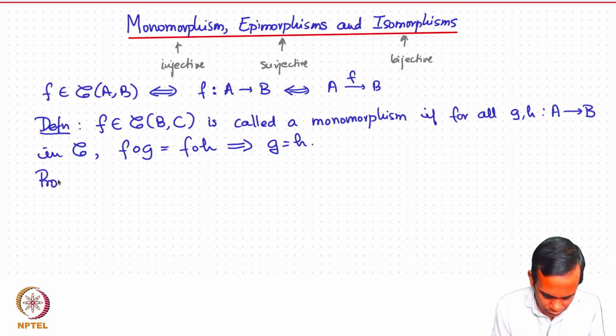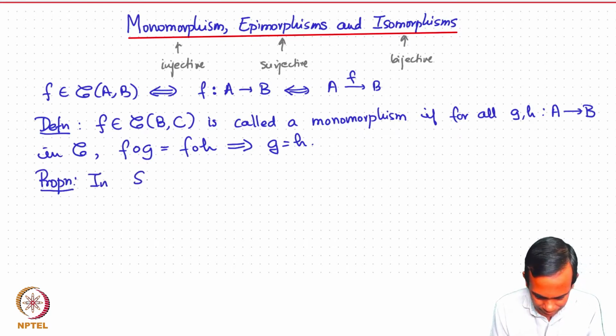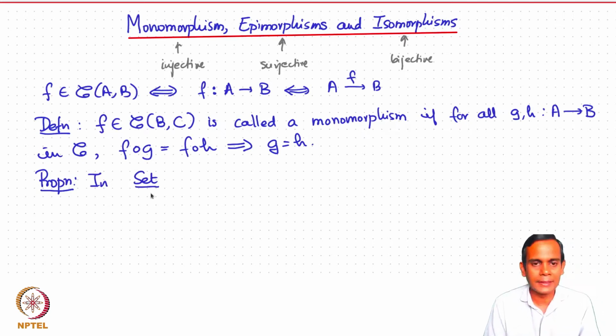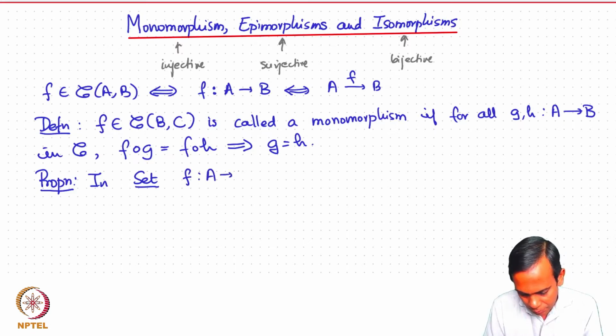Just to show you that this corresponds to injections, here's a proposition. In the category Set, recall that this is the category whose objects are sets and whose arrows are functions, f from A to B is a monomorphism.